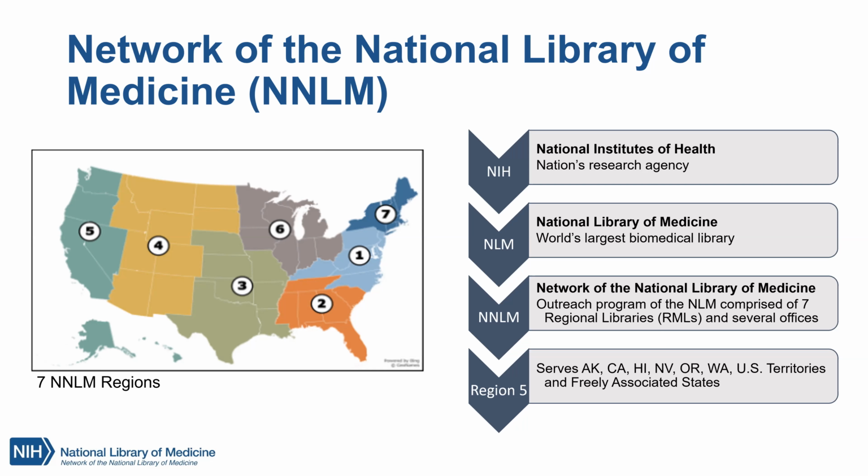I imagine most of you at this conference are in either Region 4 or Region 5. The Network provides training, and we also provide funding related to health information, outreach, programming, and research. You can learn more about our work at nnlm.gov.